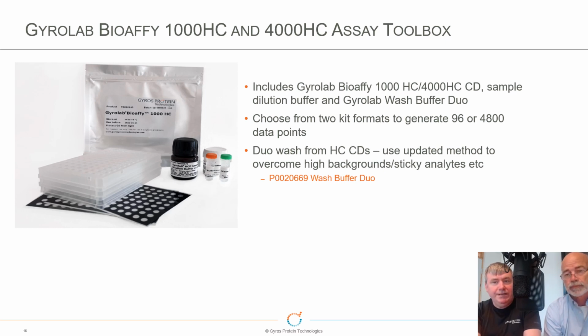These toolboxes are mainly used by bioprocess developers for HCP assays. But one thing that this toolbox does contain is the wash buffer duo, which can be useful for other assays as well. So it's worth discussing with your FES because that is another option for you.